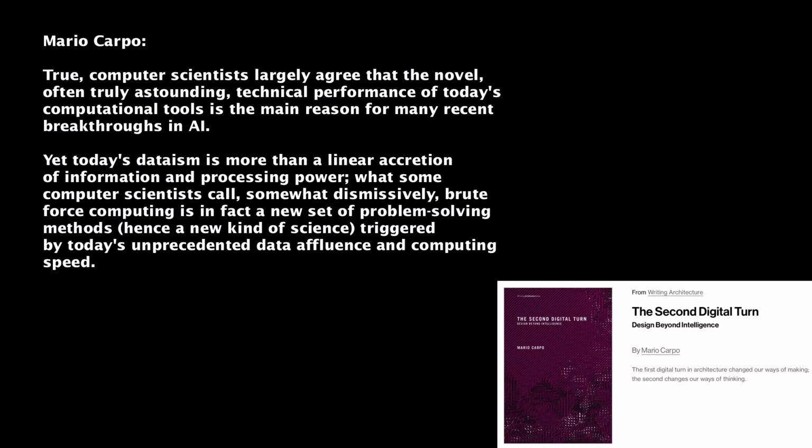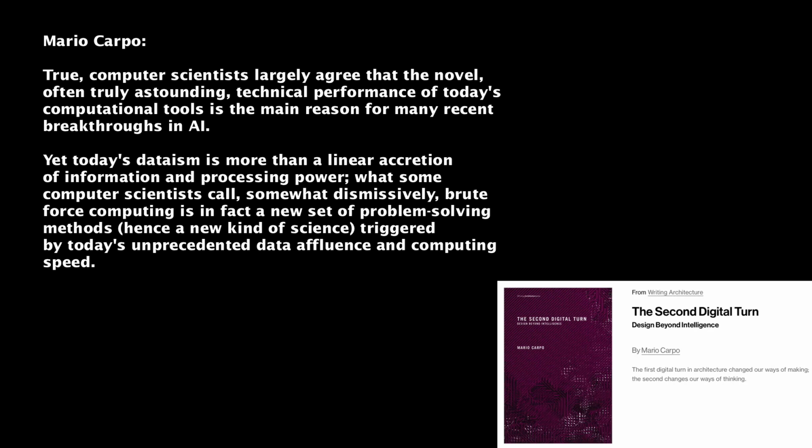In the second book, Mario Carpo is already referring to the events that have happened after 2014. And he calls it the second digital turn. And here he is advocating a new method, which can be called brutal computing.